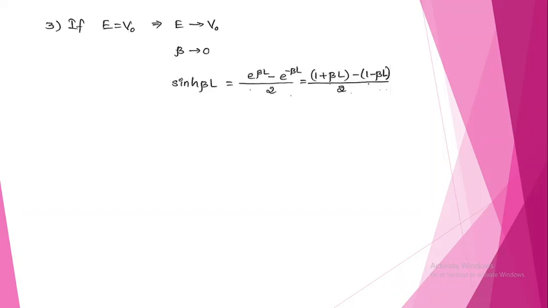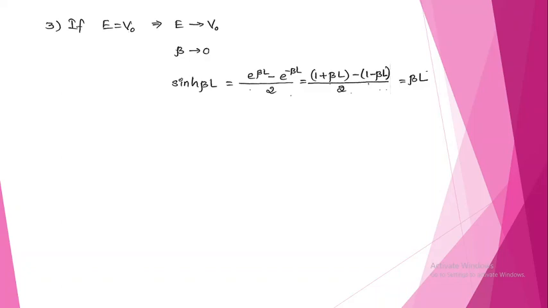And in that case, sine hyperbolic beta L, which is defined as exponential of beta L minus exponential of minus beta L by 2, will be equal to 1 plus beta L minus 1 minus beta L, because beta is tending to 0. So the exponential of a very small number we can just write as 1 plus the same number. And when you solve it, we get sine hyperbolic beta L is equal to beta L itself.